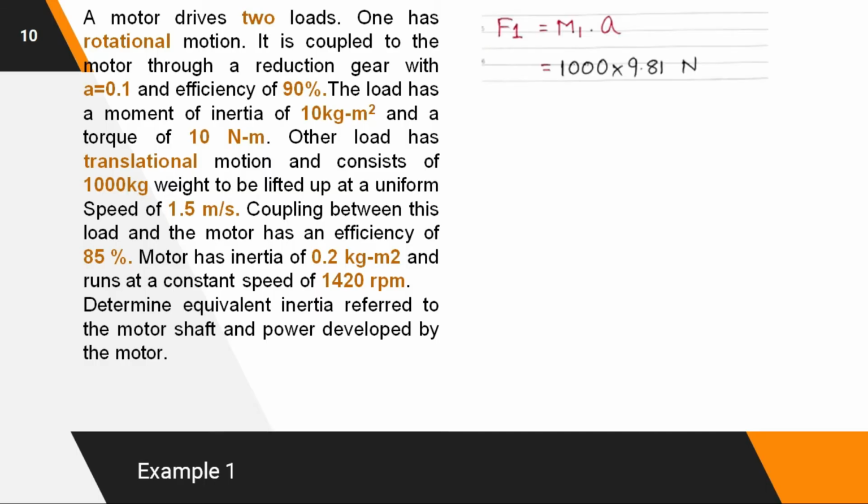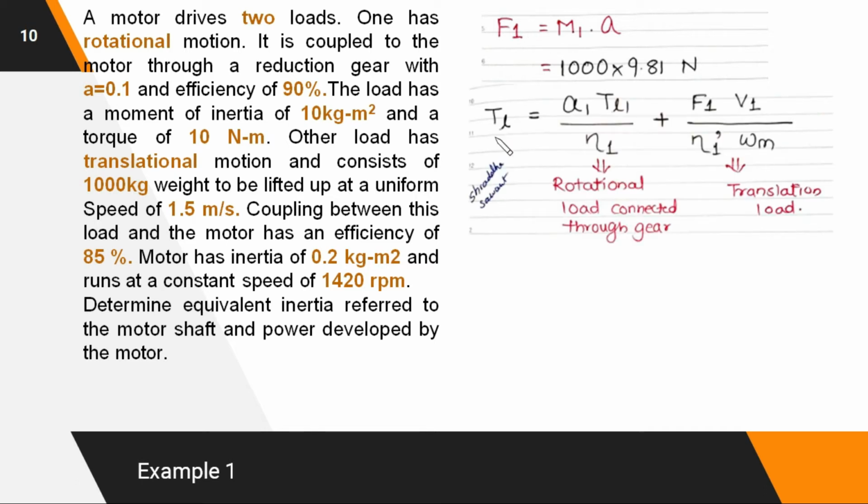Next, for torque calculation, the torque equation will be TL equal to, we have to consider the rotational load connected through the gear, and the second term will be the second load, meaning only two load terms will come. There is no equation of motor here. A1 is the tooth ratio which is given already.